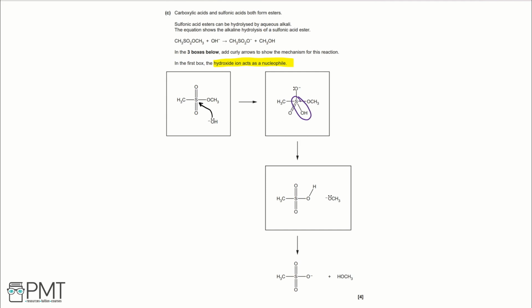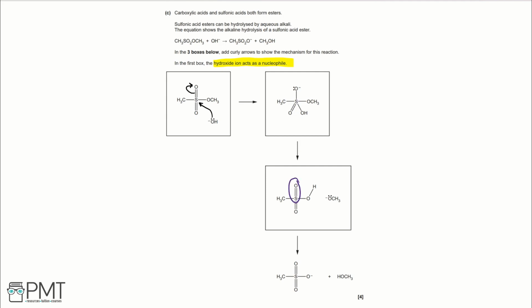We also know that we want a negative oxygen, so we're going to have a curly arrow going from the S double bond O, and it's going to go onto the oxygen, and that will produce this negative charge on our intermediate.